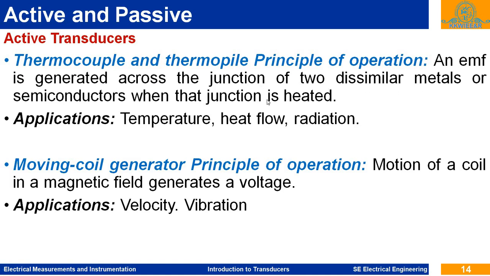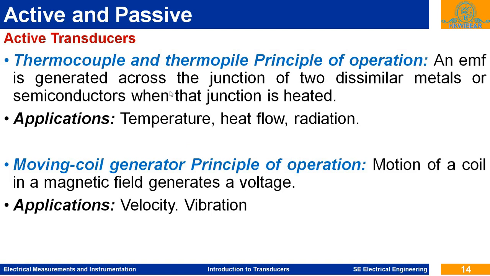So what is a thermocouple? In a thermocouple, two different or dissimilar metals are used. At one end they are connected together so that the junction is formed, and when this junction is heated, at the other free end of these two dissimilar metals, the EMF is induced.